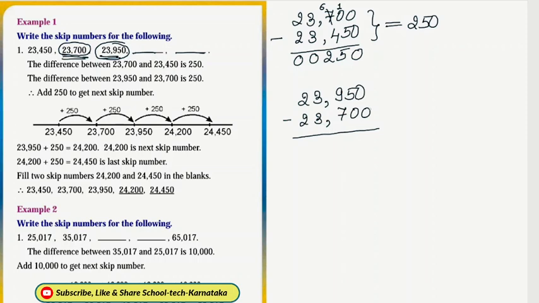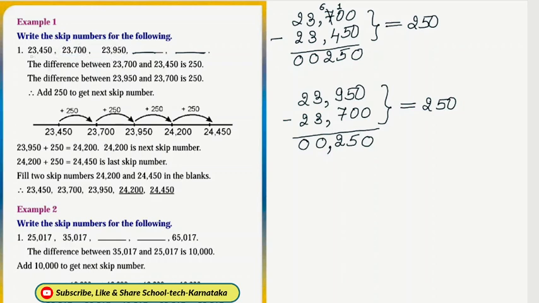So 0 minus 0 is 0, 5 minus 0 is 5 and 9 minus 7 is 2. 3 minus 3 is 0 and 2 minus 2 is again 0. So the difference of these two numbers we have again is 250.